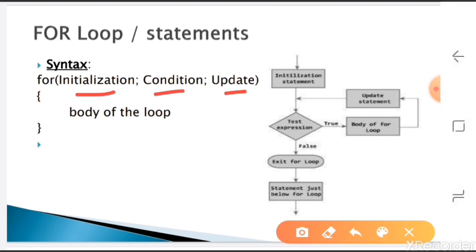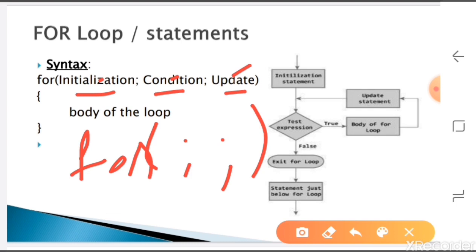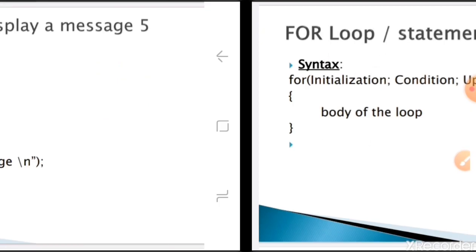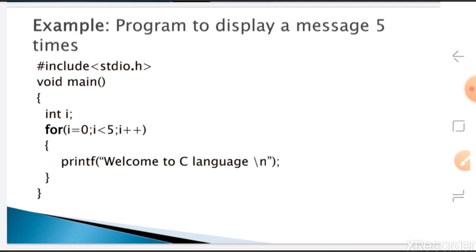Optional means without these things you can write the for loop. That is, simply I can write for, semicolon semicolon. So this is nothing but no initialization, no condition, no updation part. So normally it will become an infinite loop.